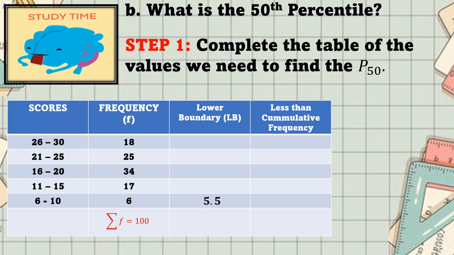So the lower boundary of our class interval 6 to 10 is 5.5, 11 to 15 is 10.5, 16 to 20 is 15.5, and then 21 to 25 is 20.5, and lastly 26 to 30 is 25.5. While the cumulative frequency for 6 to 10 is 6, 11 to 15 is 23, 16 to 20 is 57, 21 to 25 is 82, and 26 to 30 is 100.